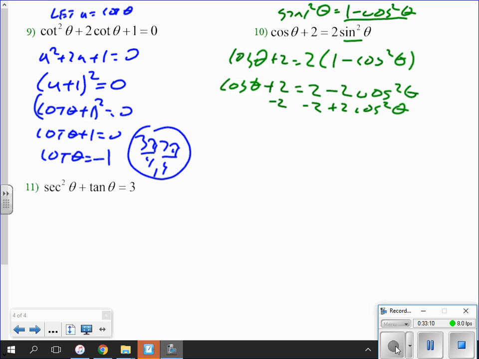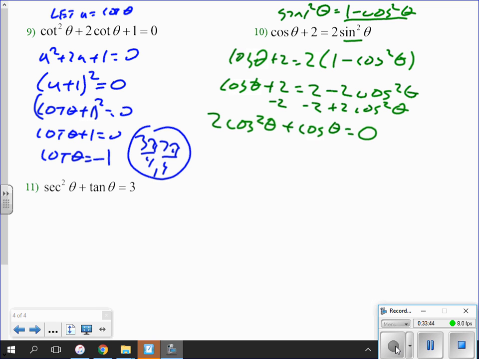I know that's getting nasty. 2 cosine squared theta plus cosine theta is equal to 0, because 2 minus 2 is nada. Now what? Nope, it's not a quadratic. It is, but I don't have 3 terms, so I can't factor it that way.